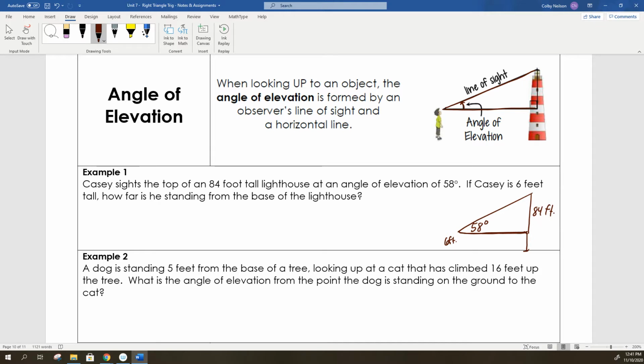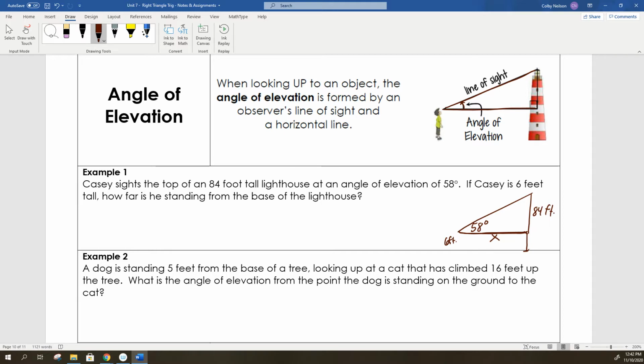But since we're just finding this horizontal distance, I'll just label that X for the part that we're trying to find. How far is he standing from the base of the lighthouse? Well, that's the X part. So now we have an angle, and we're trying to find a side. We already have one side. So from the angle, what sides do we have?